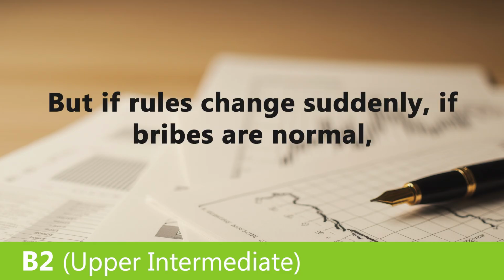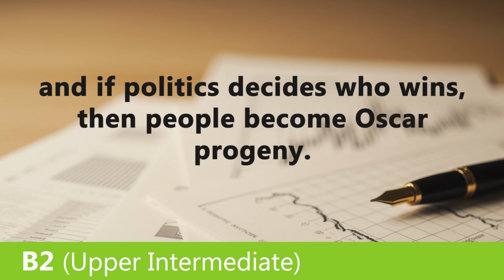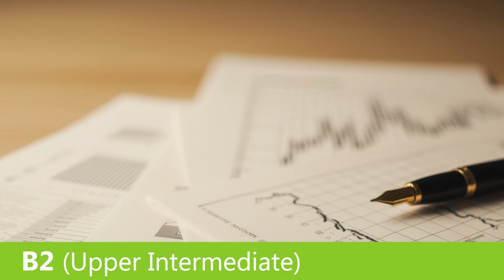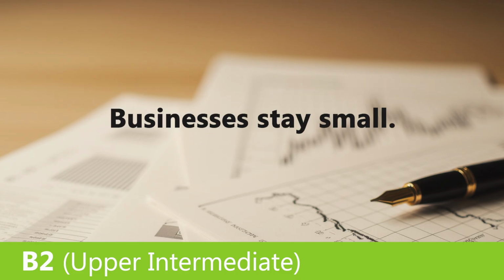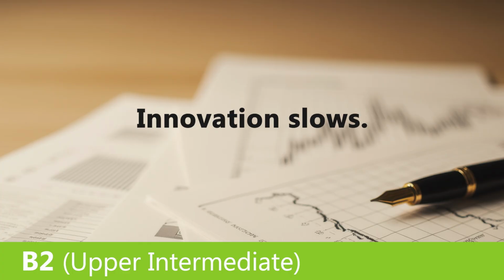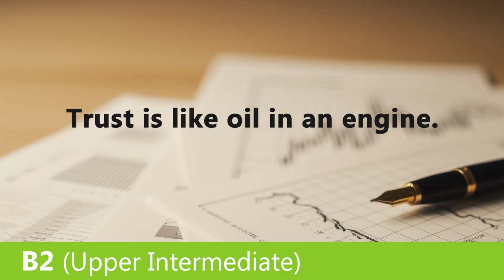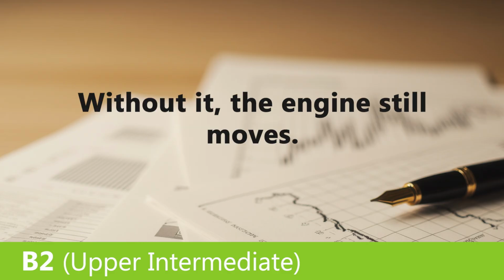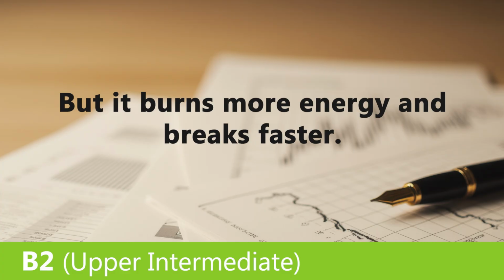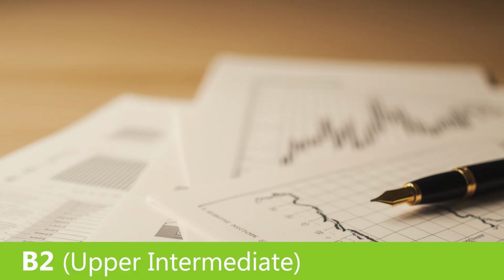But if rules change suddenly, if bribes are normal, and if politics decides who wins, then people become cautious. Money moves out. Businesses stay small. Innovation slows. Trust is like oil in an engine. Without it, the engine still moves, but it burns more energy and breaks faster.